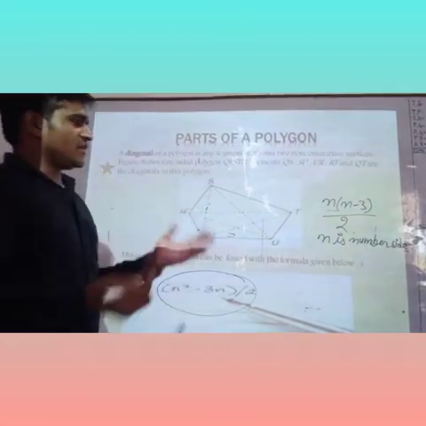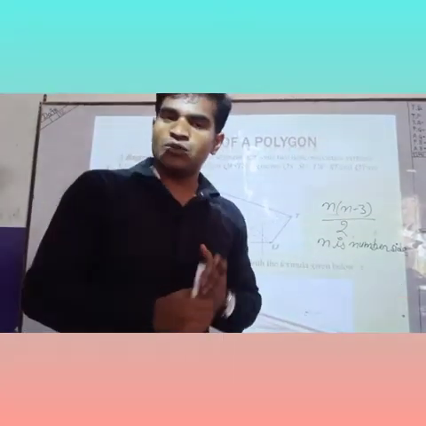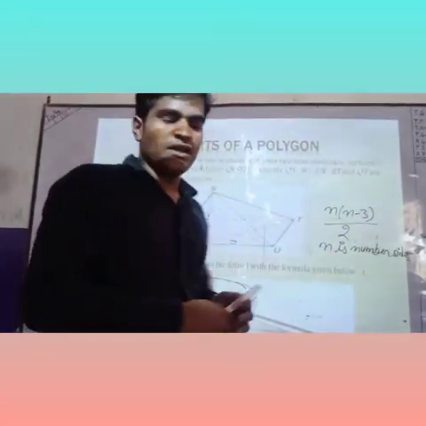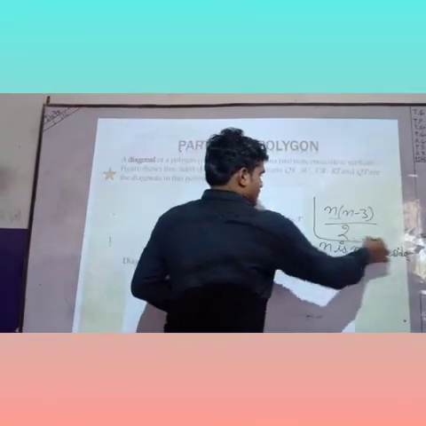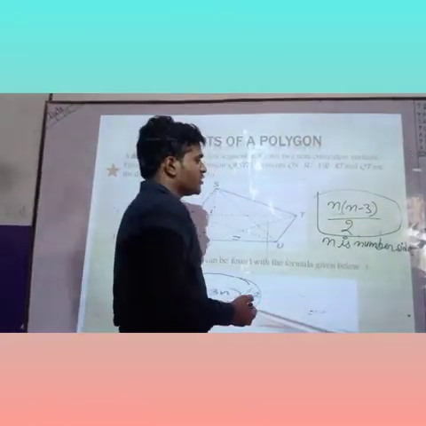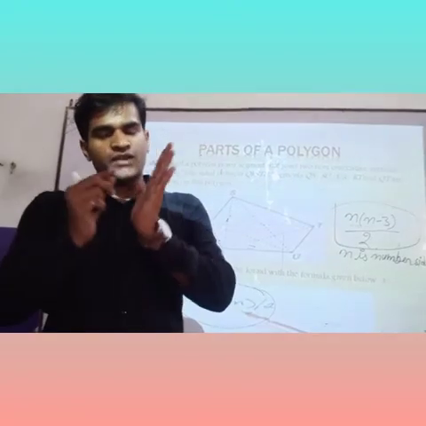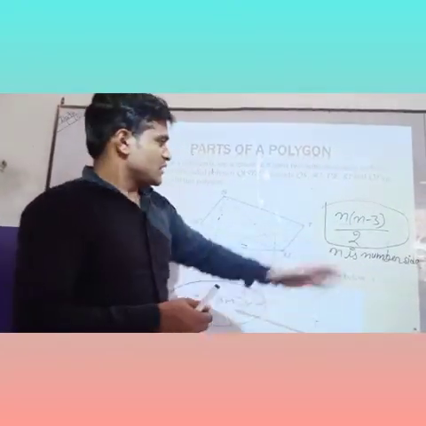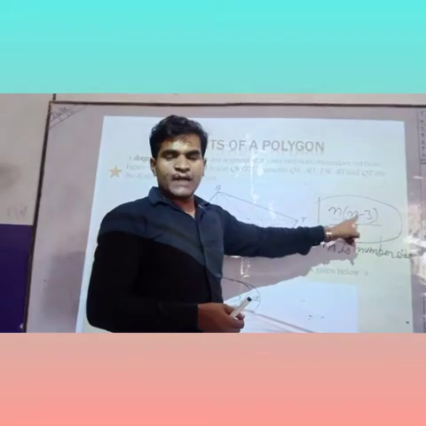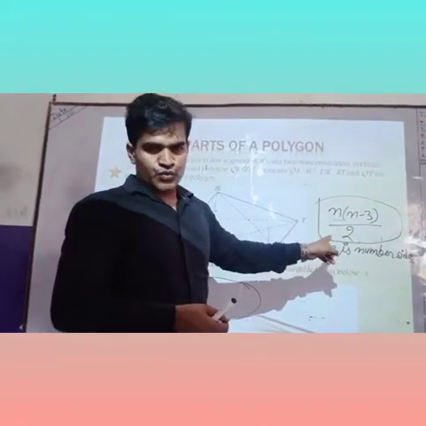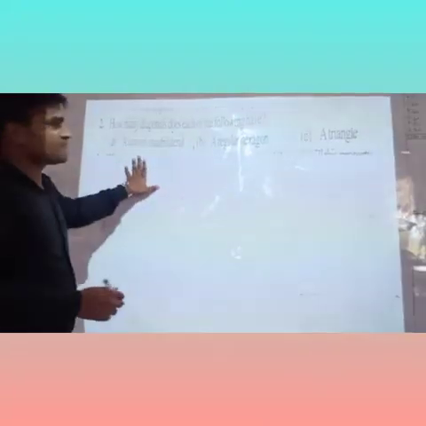So children, if we have to find the number of diagonals in a polygon, how will we find it? We will apply this formula: n into n minus 3 upon 2.